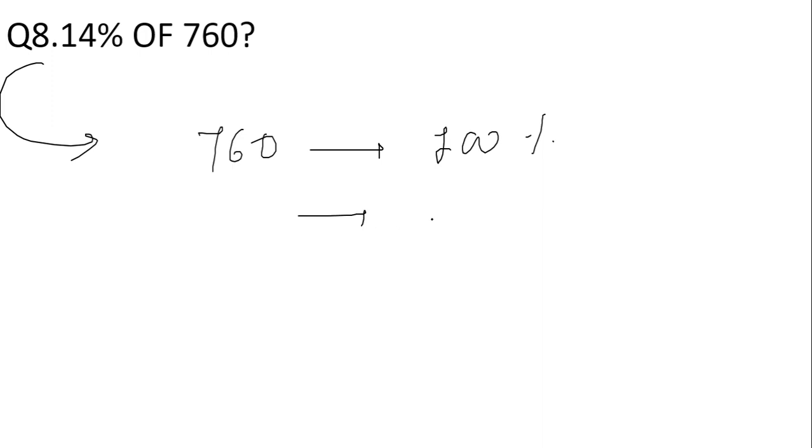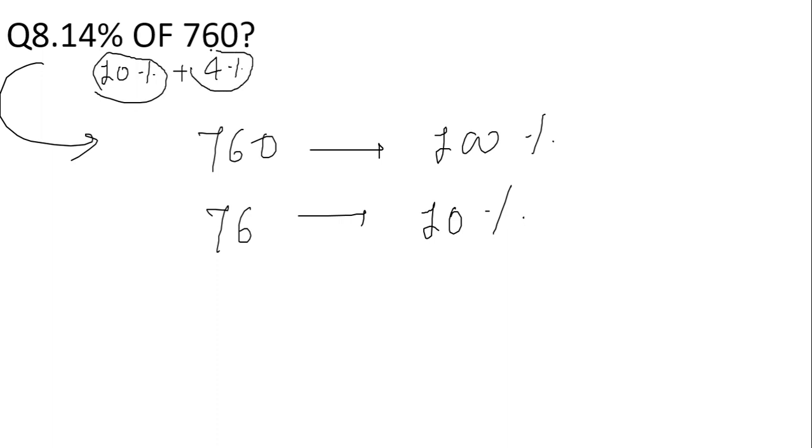The first thing that we are going to do is calculate the 10%. 10% means 76, that is we have to give a decimal point after one digit. Here what I can do is 10% plus 4%. I know how to calculate 10% easily. I know how to calculate 1% easily. Yes, 10% is equal to 76.